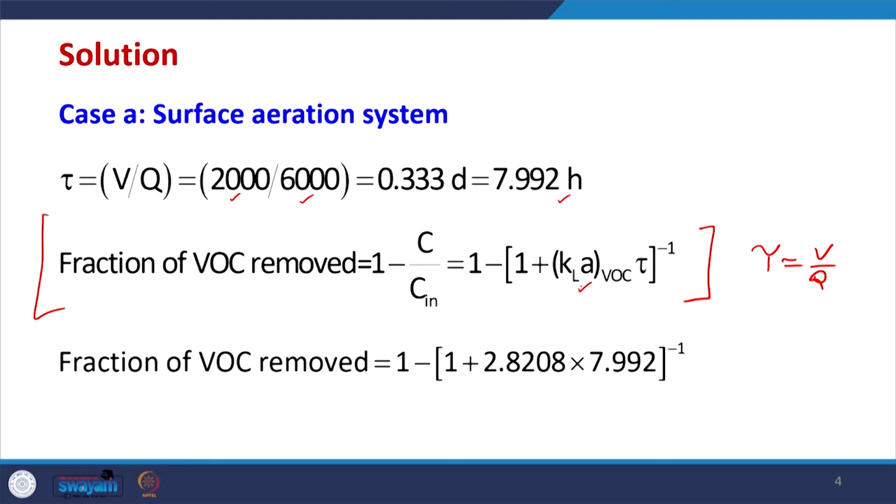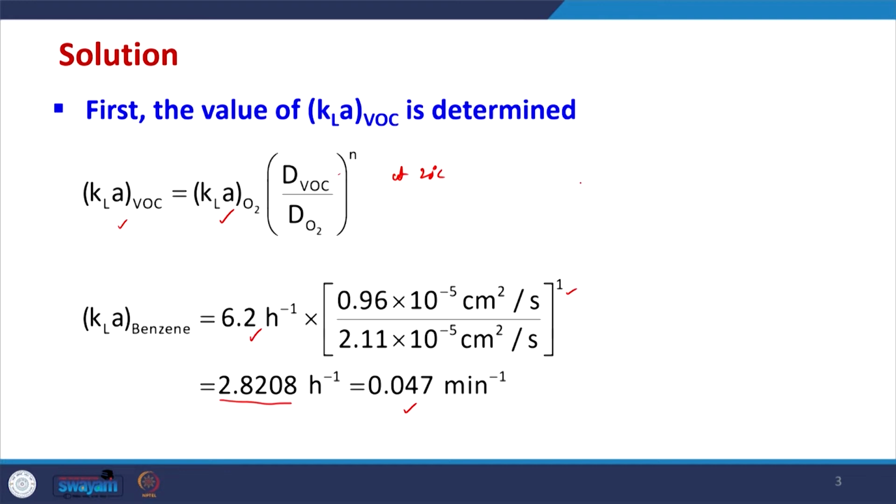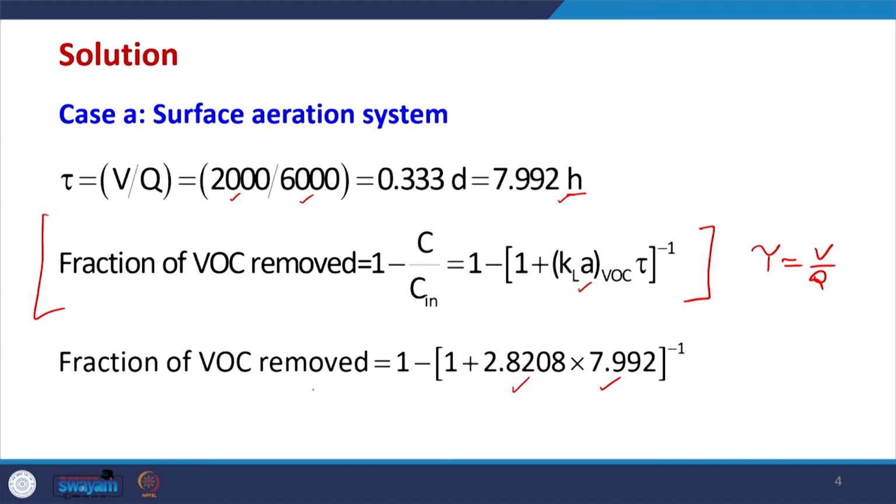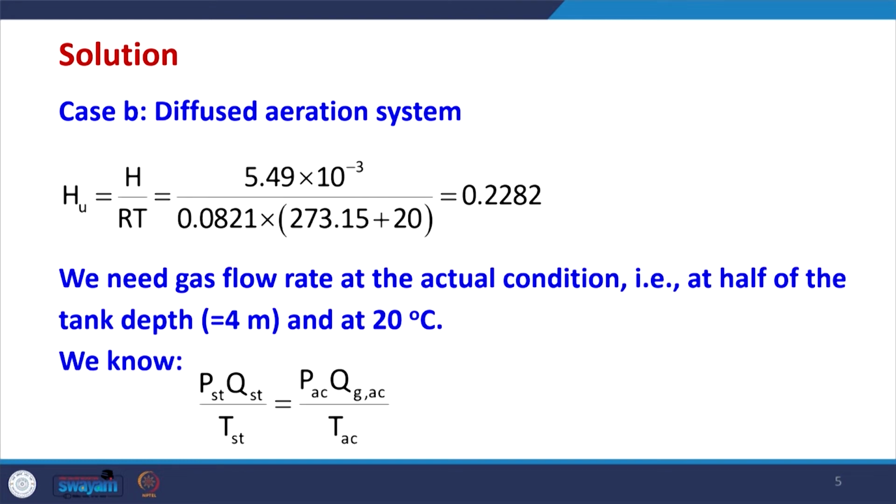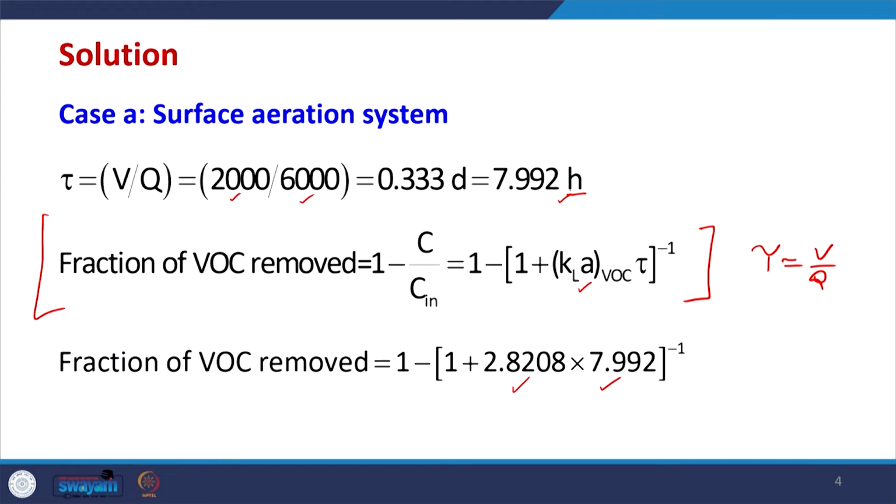So this is 1 plus this value, and remember both the values are in terms of hour. So, we are keeping this hour value here, 2.8208 because this value is in hour, and if we solve we can get the fraction of VOC removed. We can easily find out this value.